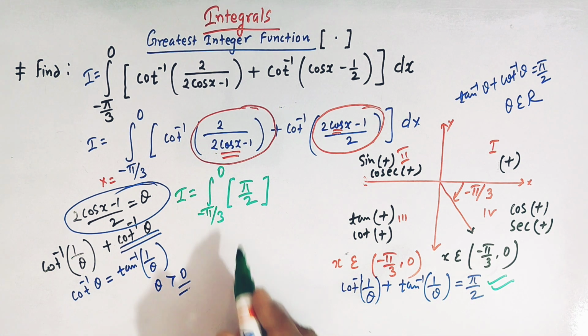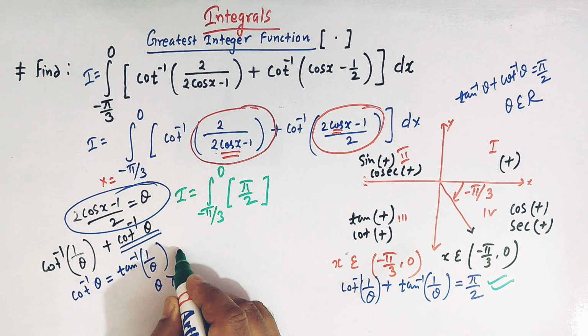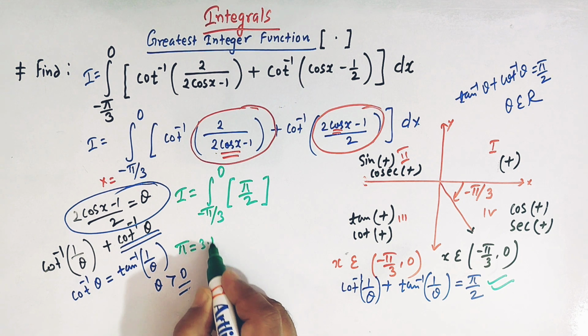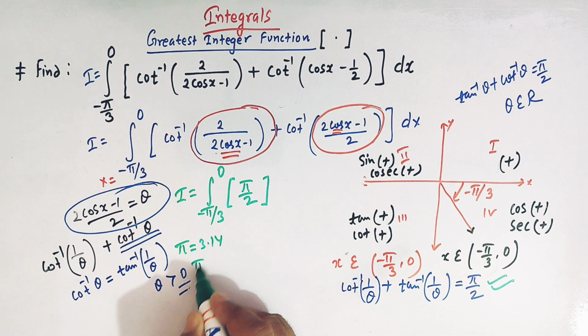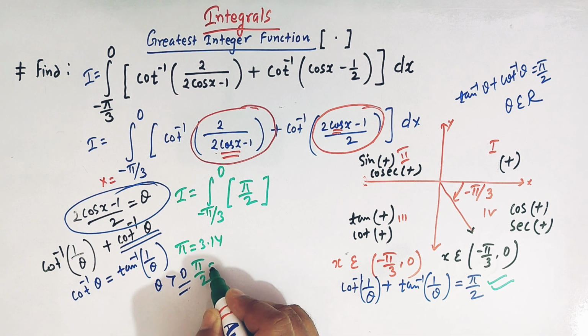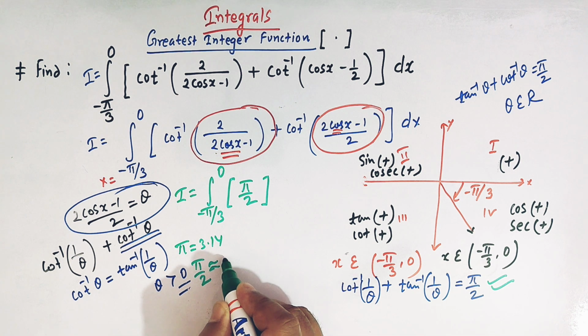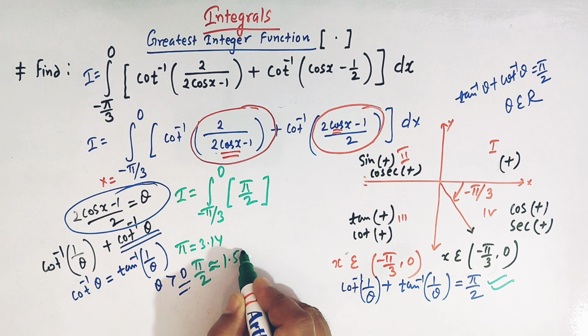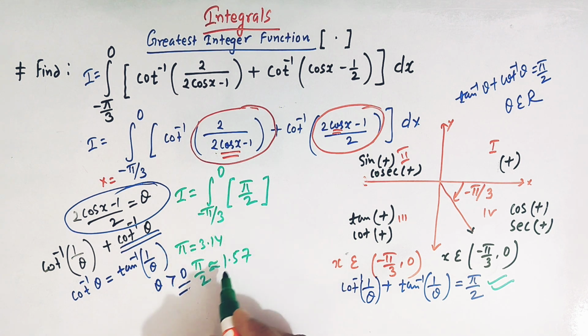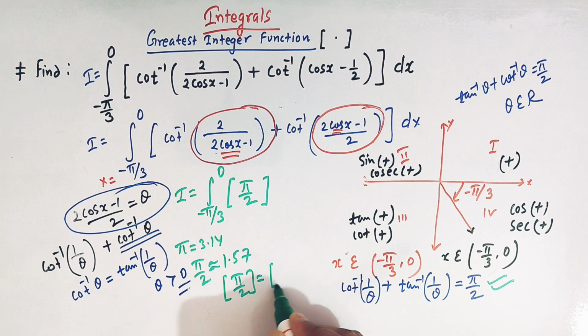And we know that the approximate value of pi is 3.14, and when we calculate pi by 2, it is approximately equal to 1.57, right? So here the greatest integer of pi by 2 is equal to greatest integer of 1.57, that is equal to 1, right?